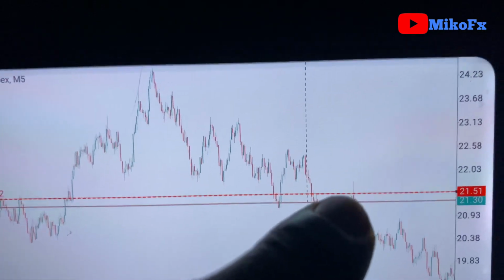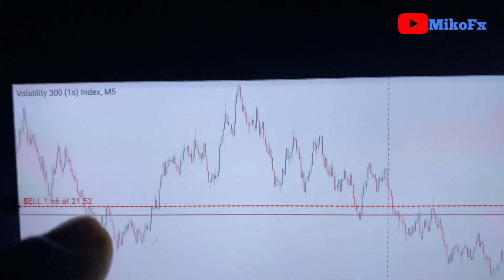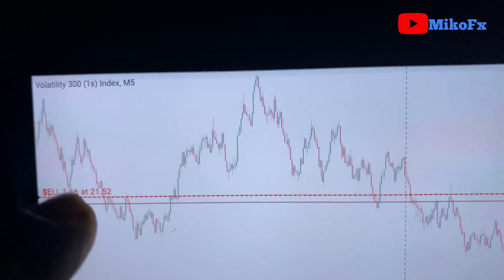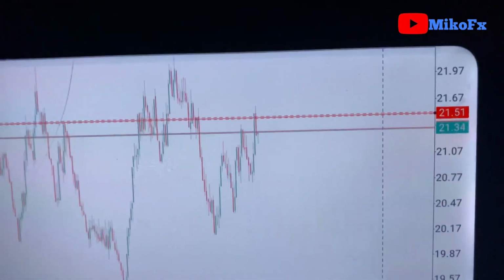It also did a break and retest somewhere here. So this is a major key level which must react. Price must react when it gets to a major key level.